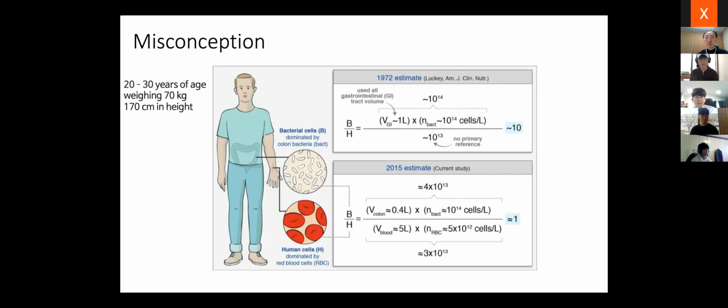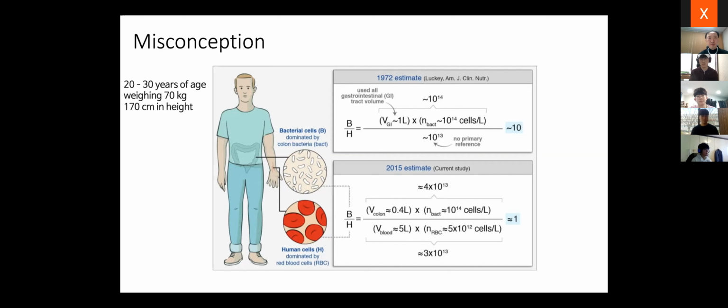But the research I found said this is incorrect because it assumes the same amount of bacteria throughout the whole volume of our intestines, and that information is actually incorrect because as our intestine goes toward the anus, it actually has a decreasing amount of bacteria.